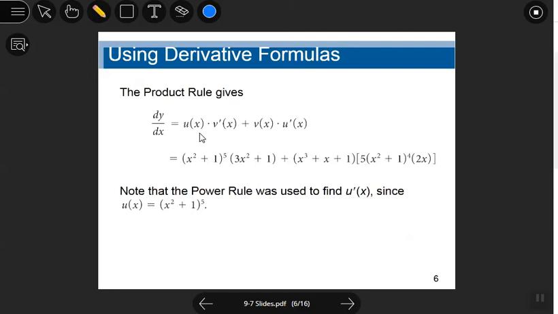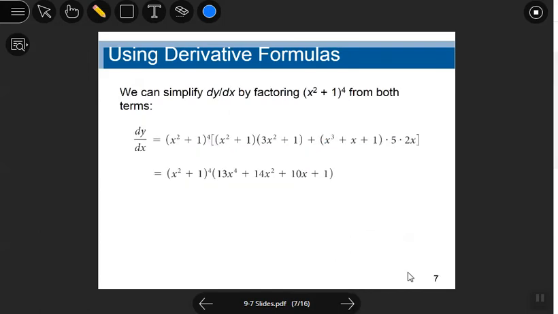Then take the derivative of v. So it is v prime and it is this value, and then take the derivative of u, it is u prime. So for this one again you have to use power rule, because this is some big power for polynomial. Then this is your final answer, but when you are writing in the exams or homeworks, please simplify as much as you can.